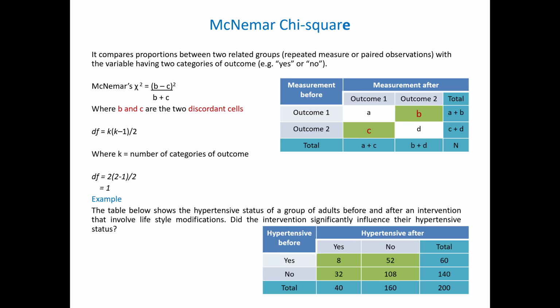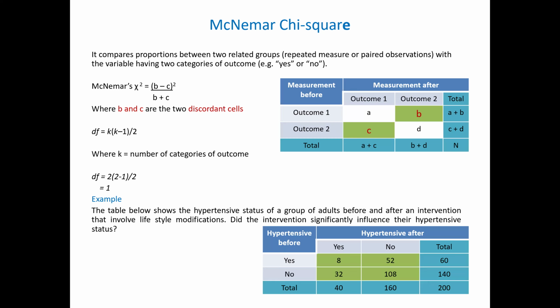You categorize into, if it is McNemar, A and B, 2 categories before. Then after, you categorize 2 categories. So you now cross-tabulate the before and the after. If the category is up to 3, or 4 or 5 or whatever, that is where we now talk about McNemar Bowker. It's an extension of McNemar. So if the category is 3 before, after it's going to be 3 also. So it's going to be 3 by 3.